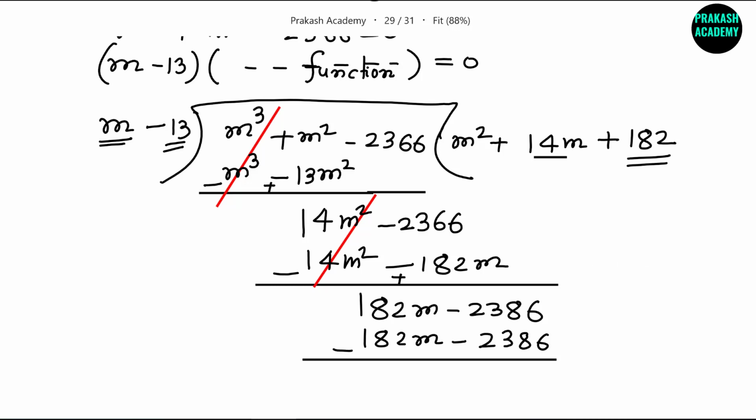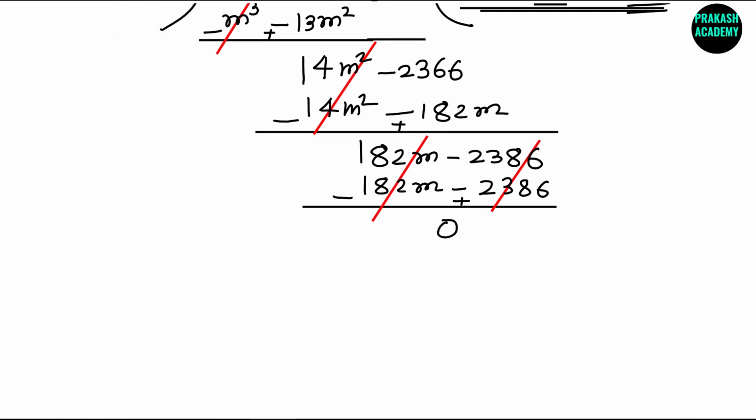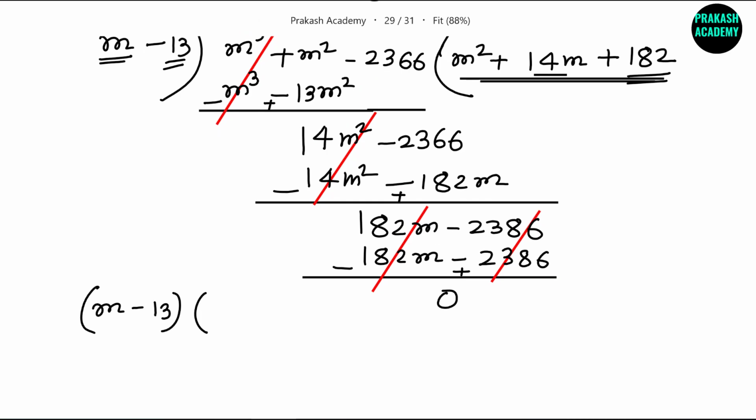Once again subtract this, and this gets cancelled out, this also gets cancelled out. So now the whole expression can be written as m minus 13, because 13 is one of the roots, times m square plus 14m plus 182, and this equals 0.